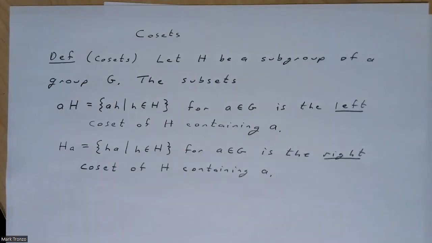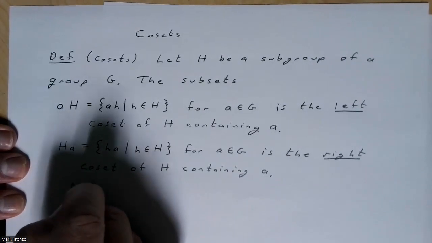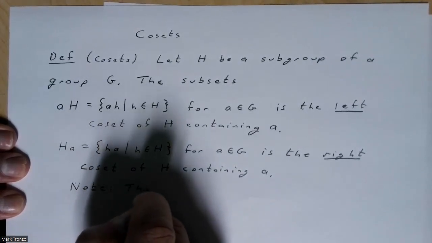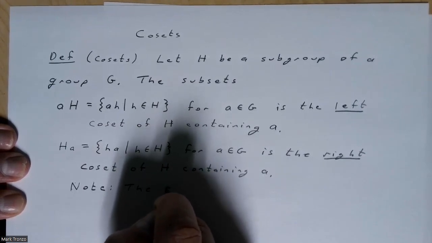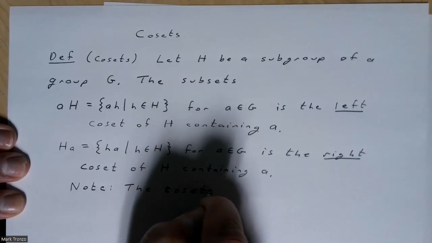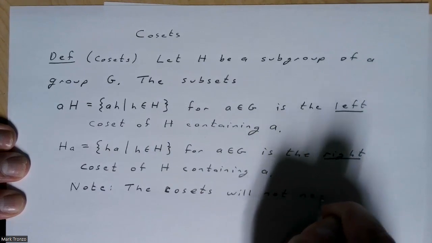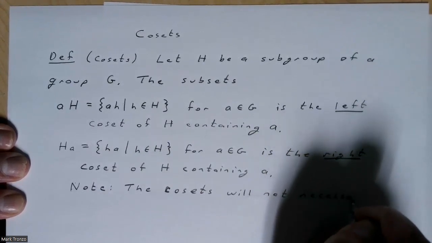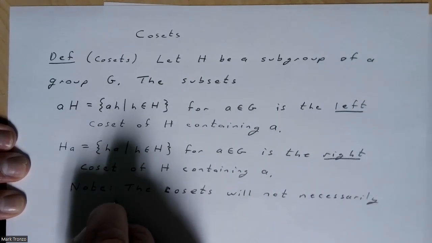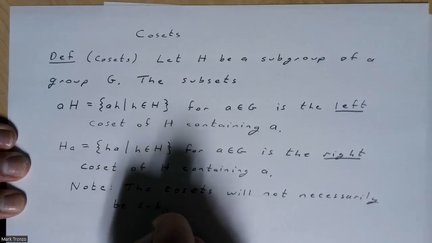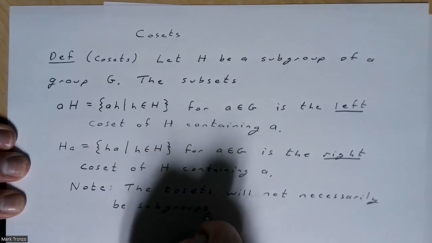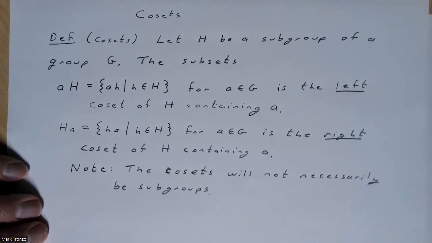So we have these left cosets and right cosets. Again, notice that a comes from G. And now one thing important to note, the cosets will not necessarily be subgroups. They might be in some cases, but not necessarily so.